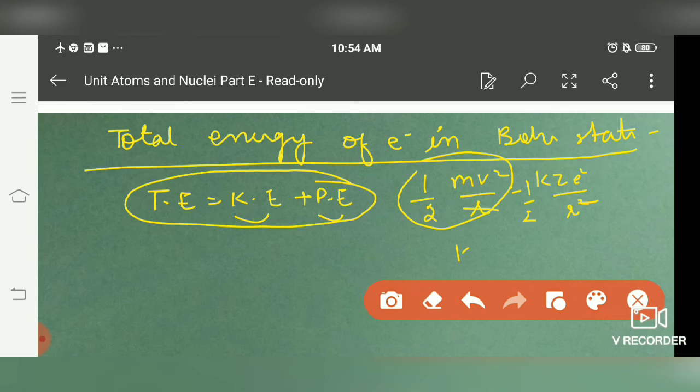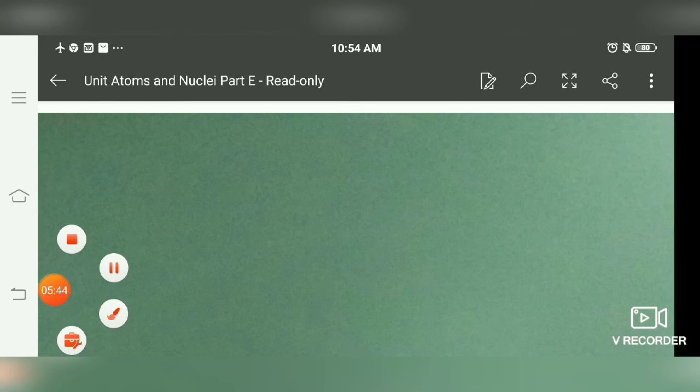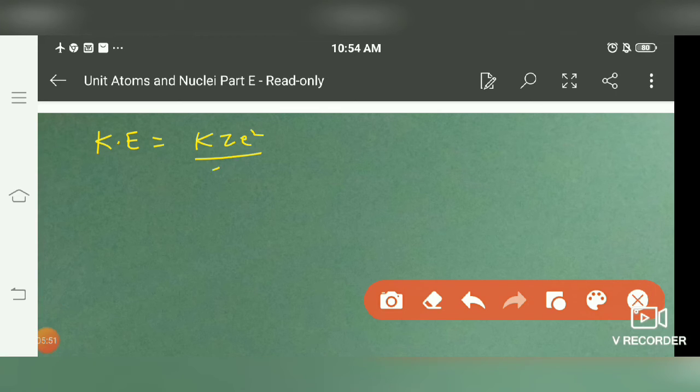So from here I get kinetic energy equals half kZe² upon r, that is kinetic energy equals kZe² upon 2r. Potential energy is minus of charge into potential, that is minus kZe² upon r.